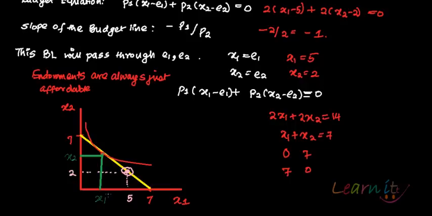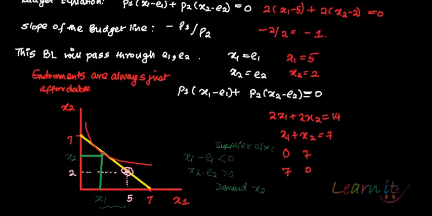So you are consuming less of x1 than your endowment. In this case, x1 minus e1 is less than 0, and you're consuming x2 which is more than your endowment of x2, which is x2 minus e2 greater than 0. So you are consuming less of x1 as compared to your endowment of x1, which means that you are a supplier of x1, and since x2 minus e2 is greater than 0, you demand x2.